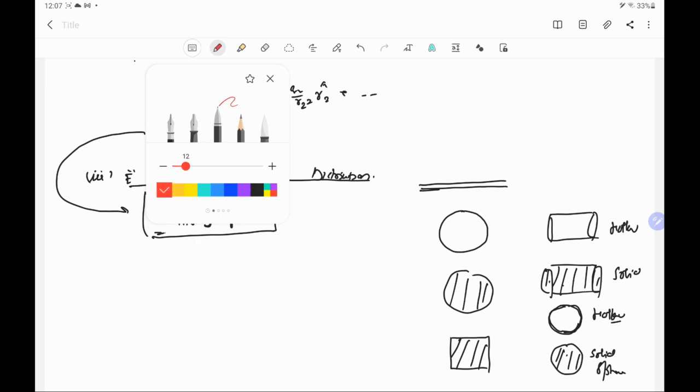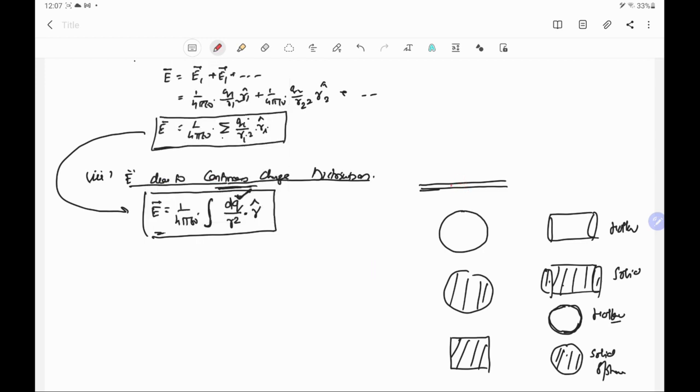For example, if we have a rod, in that case, we will take the elementary length, say dx. If its linear charge density is lambda, where q is the total charge on the rod and L is the total length of the rod, then its linear charge density is lambda. And for the elementary length, charge on this elementary length will be dq, and we will write it as lambda dx.